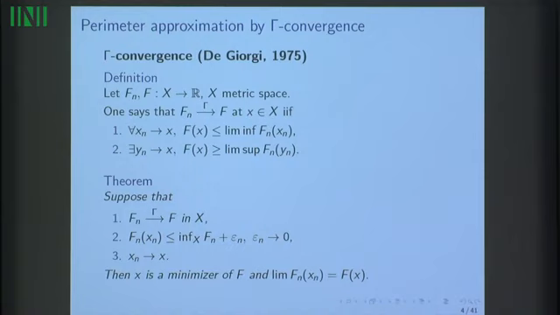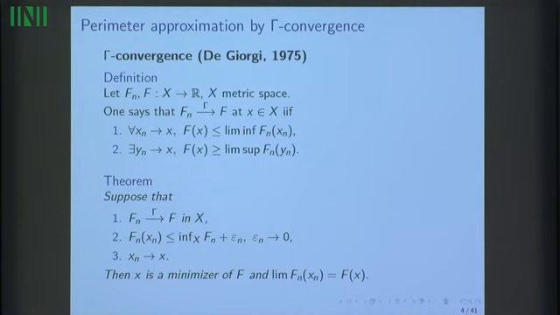So we have two inequalities. This lim-inf inequality has to be fulfilled for every sequence converging towards x, and the other inequality, the lim-sup inequality, has to be fulfilled for one sequence, which we call a recovery sequence.